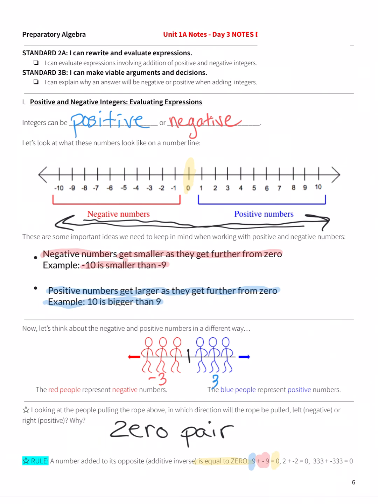All right, if we have a positive 2 and we add that to a negative 2, it equals 0. Okay? Same thing over here. We have positive 333, and if we add that to negative 333, what do we get? 0. So when you add a number and its opposite, it's equal to 0.